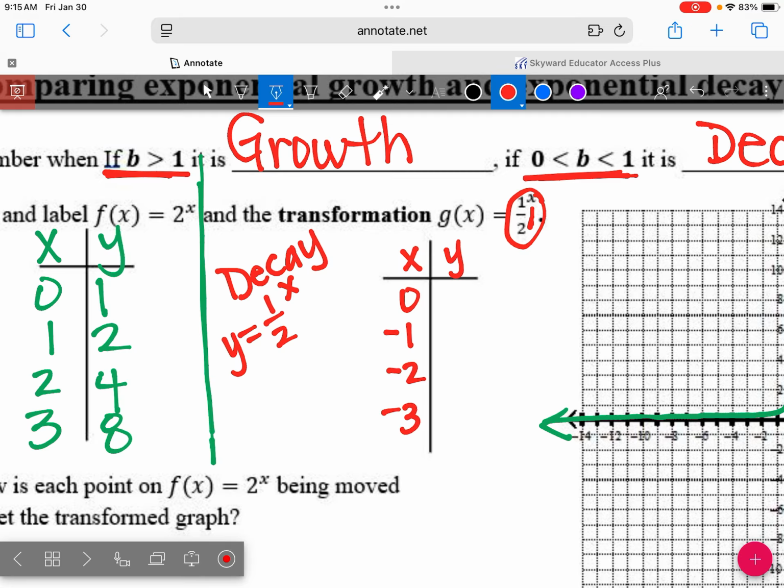With your calculators, you don't have to use 1/2. You could also do 0.5, which might be easier to type in. So type in 0.5 to the power of 0, and then 0.5 to the power of -1, 0.5 to the power of -2, 0.5 to the power of -3. Go ahead and type it in.